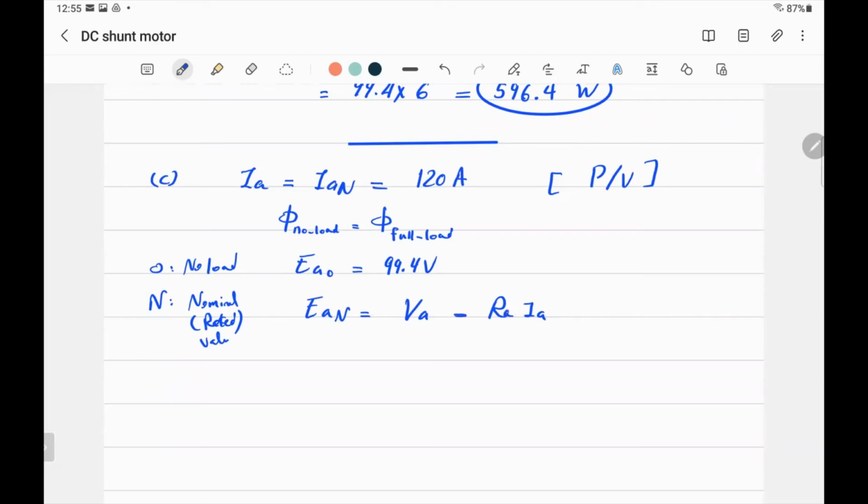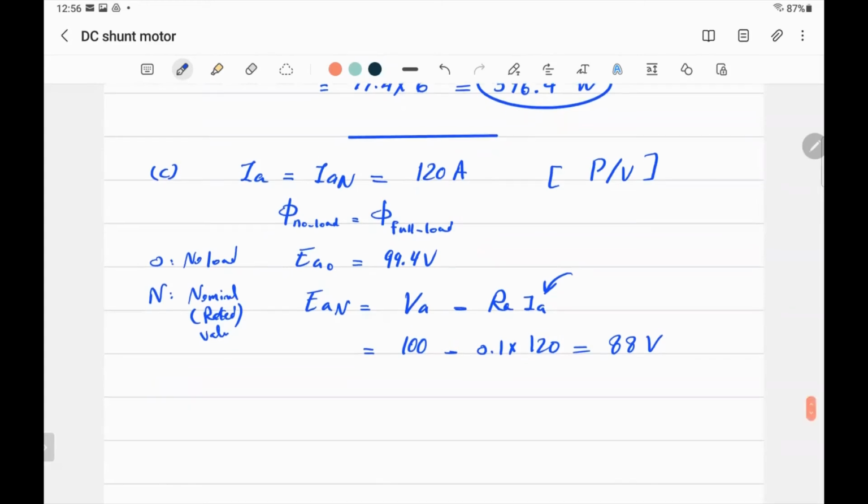The only thing I'm going to change now is the current, because I'm not working at no load, I'm working at nominal, which is 120 amp. So the voltage is still the same. The armature voltage is the same as the supply, the battery, 100 volts. You don't change it. So you have 100 volts battery minus RA, which doesn't change, of course, 0.1 ohm, times the armature current at rated value, 120 amp. Then you get the corresponding EMF when operating the machine at nominal values. So you get 88 volts. Expect it to be less because you have load, so the speed will drop.